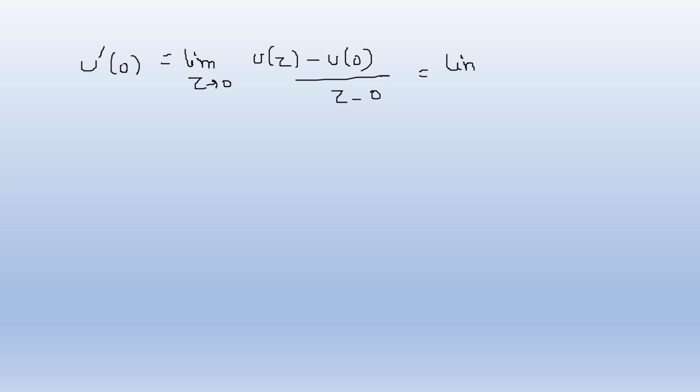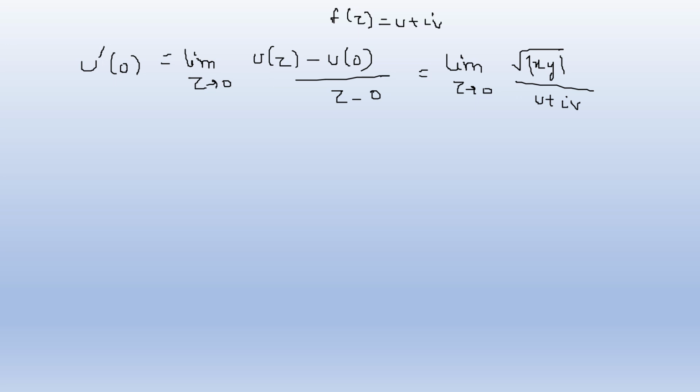So it is nothing but limit z tends to 0, f(z) is what? The function is given to you in terms of z, because you know f(z) is nothing but u plus iota v. So this is given to you as the question, minus f(0) is 0, divided by z. z is what? x plus iota y.